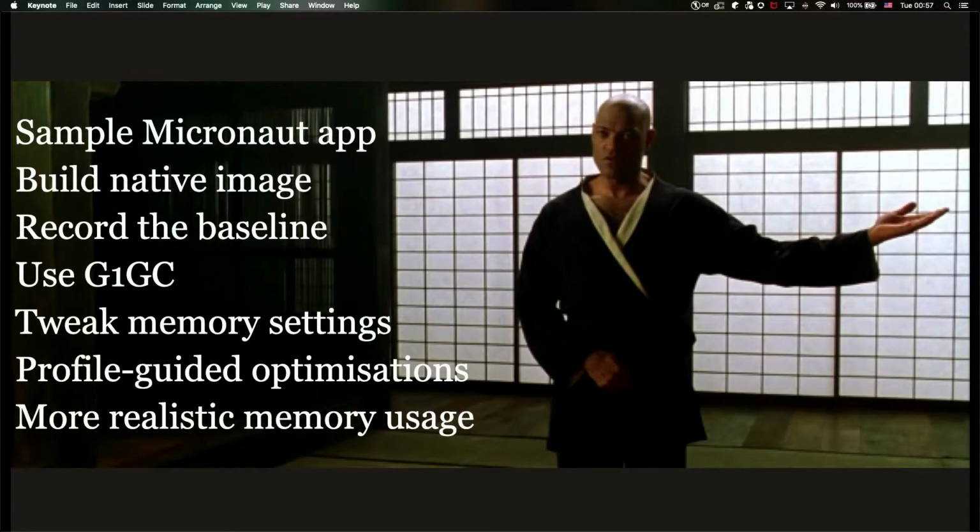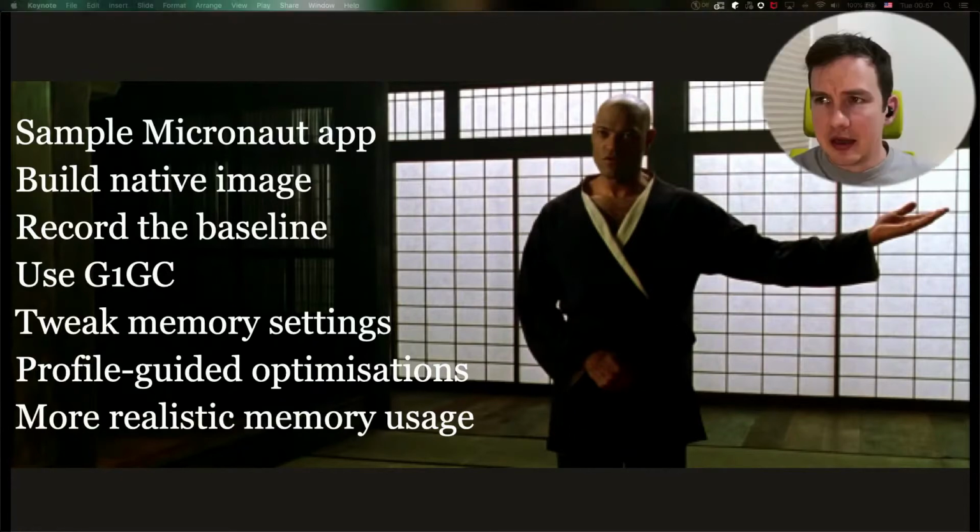So we'll go through the following things, because I want to show you how you can get the best from your Java runtime and the best from your native images. We will go and see a sample Micronaut application. We will build a native image out of that application. We will run this application using Java with the JIT. We'll record the baseline of the performance.